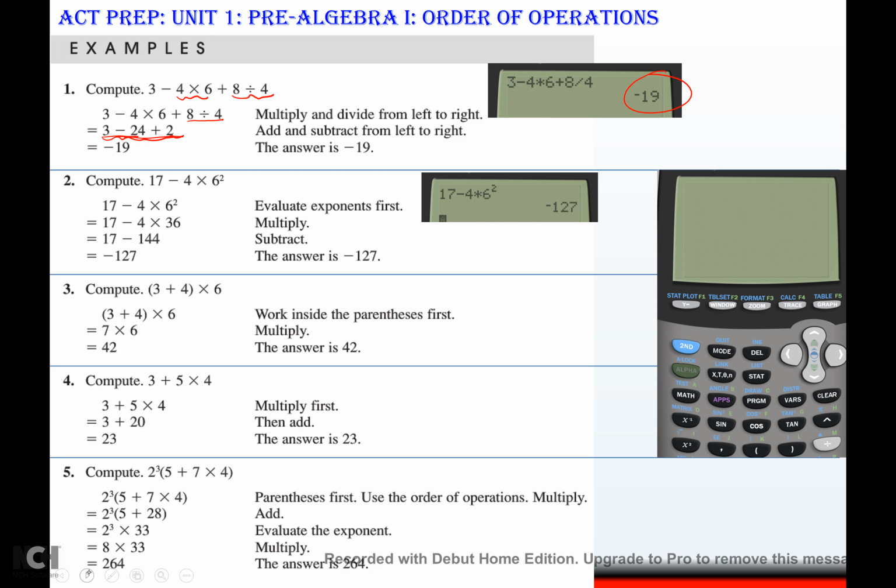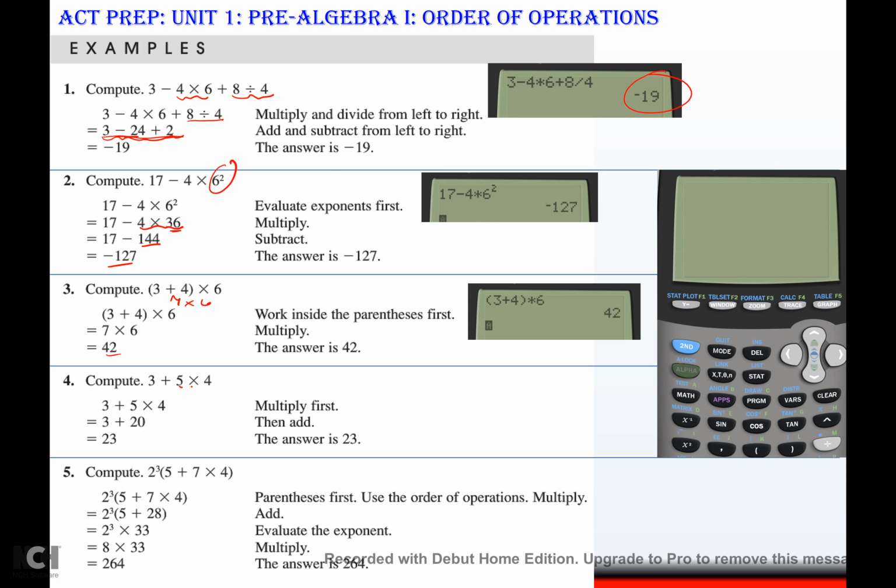Okay, same with the next one, but explaining. They did the exponent first and changed it to 36, and then they went left to right, then they multiplied. 4 times 36 is 144, then they subtracted. Okay, on 3 you would have to add first because it's in parentheses, so that'd be 7 times 6 is 42.